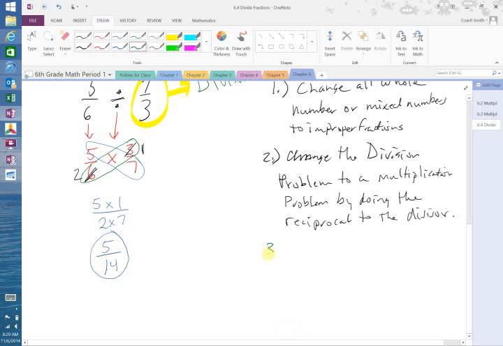So step 3 is to follow the rules for multiplying fractions.